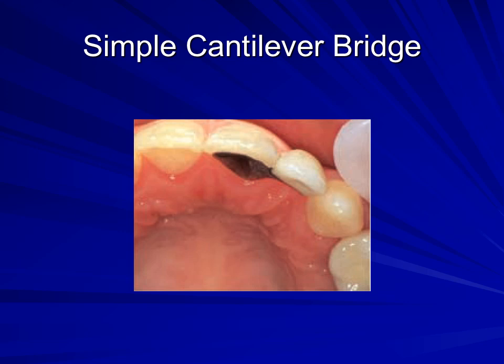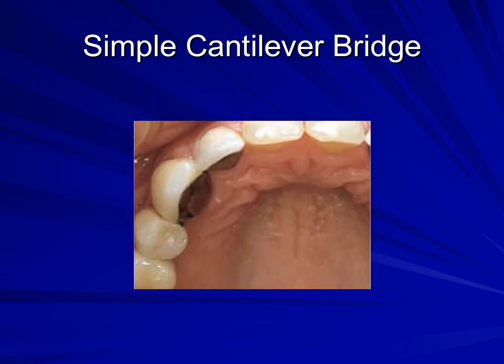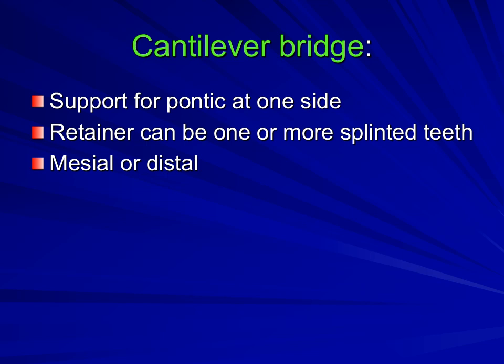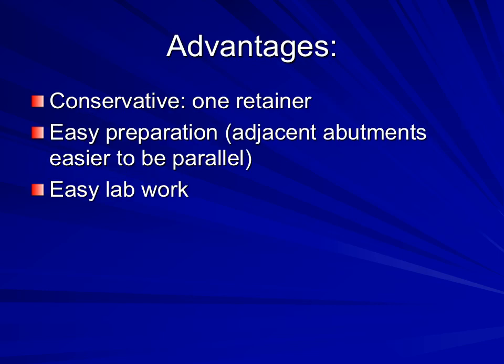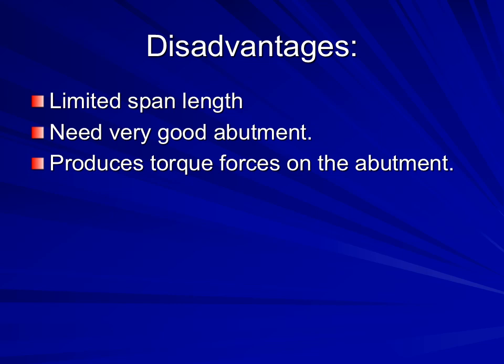Here also simple cantilever, adhesive design, replacing the upper lateral, the abutment is the central. Retainer can be one or more splinted teeth, mesial or distal. Advantages: conservative, one retainer, easy preparation, adjacent abutment easier to be parallel, easy lab work.